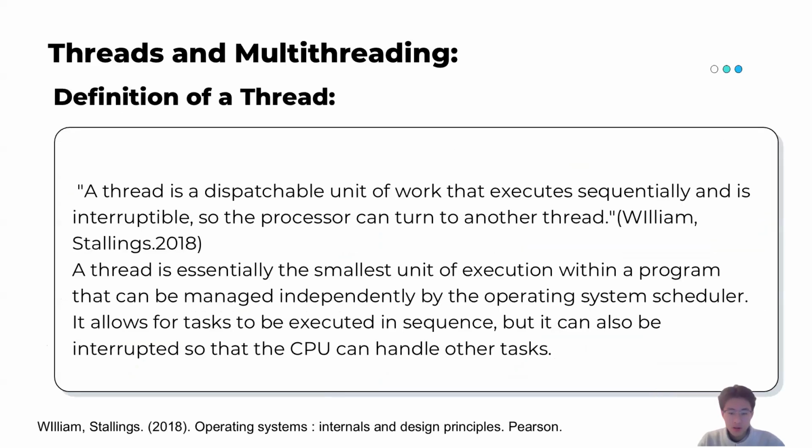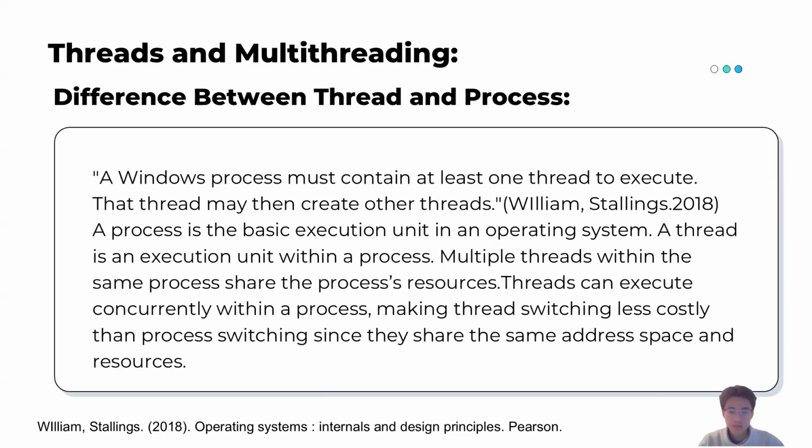And then is the definition of a thread, and thread and multi-threading. A thread is a dispatchable unit of work that executes sequentially and shares resources with other threads in the same process.